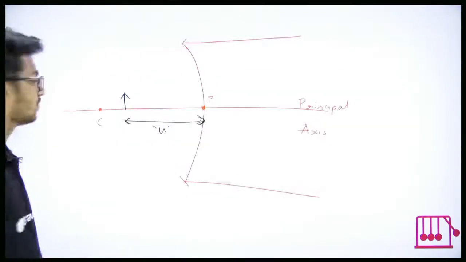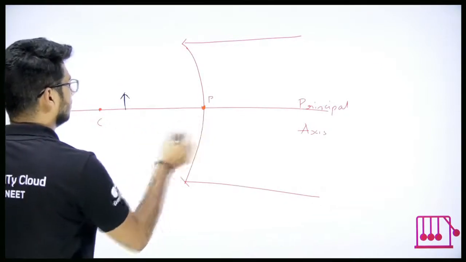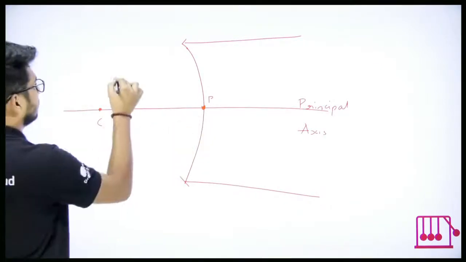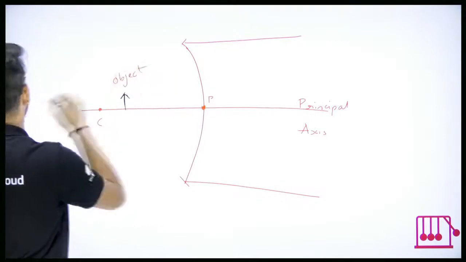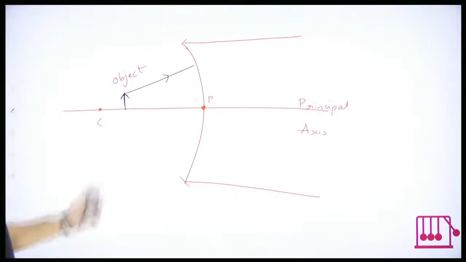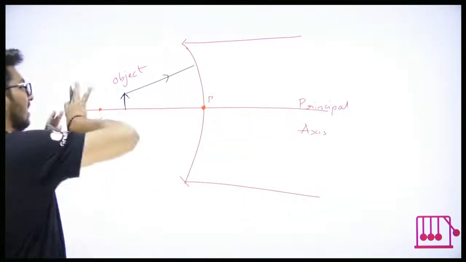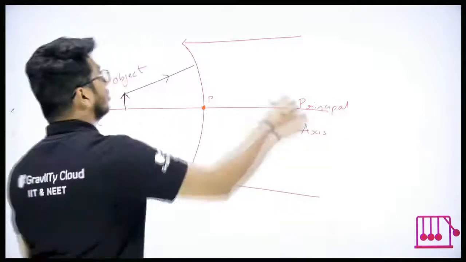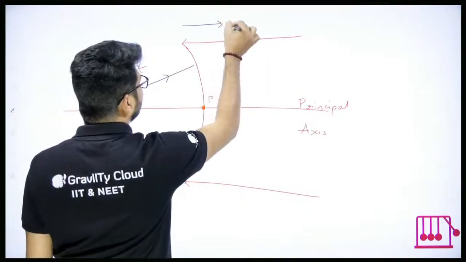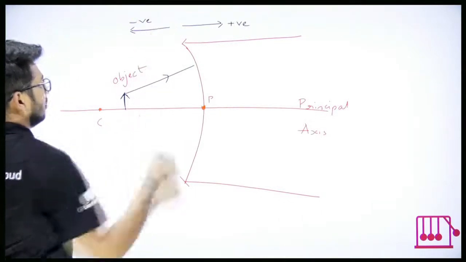Here we have the object. From the object, the rays will be something like this. This is the incident ray. Along the principal axis, the incident ray is towards the right, so the direction of the incident ray is positive and the opposite direction is negative.